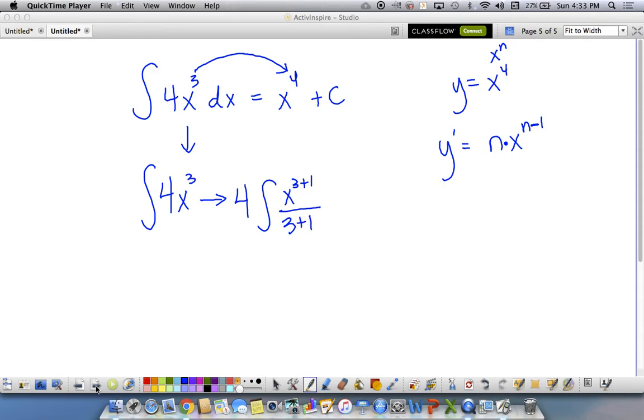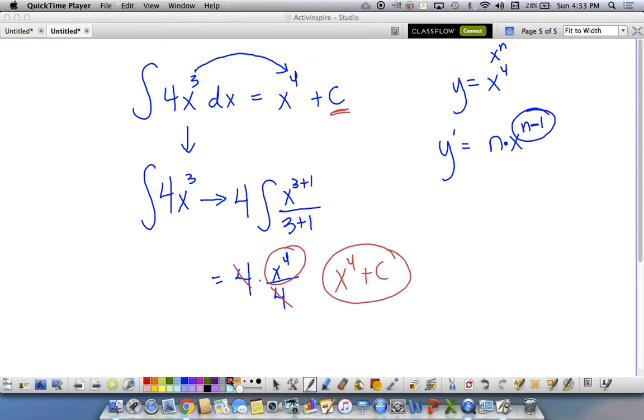Instead of subtracting, like we do when we're taking the derivative, we're going to add 1 to take the integral. So if I simplify this, it's going to be 4 times x to the 4th divided by 4. What happens to these 4's? They cancel. Are we left with x to the 4th plus our c? Yes, so x to the 4th plus c would be our final answer.